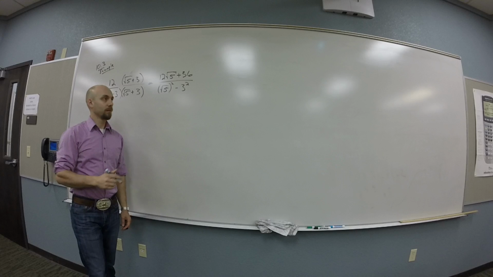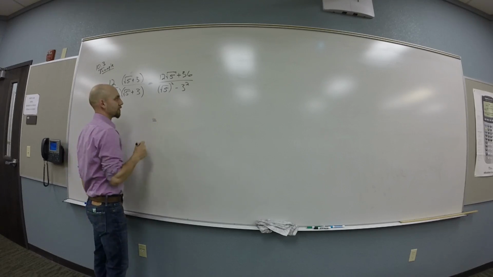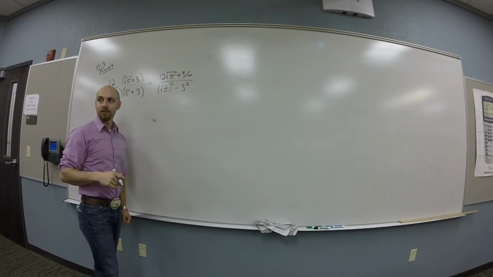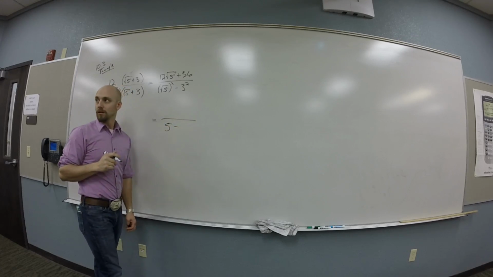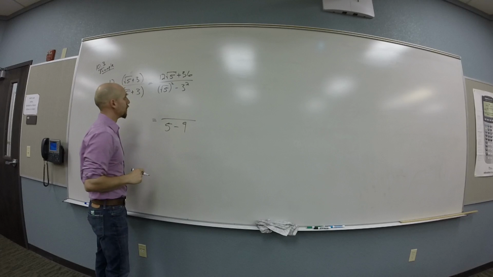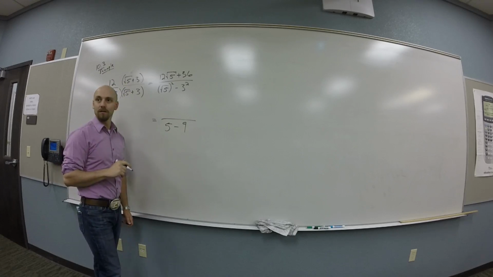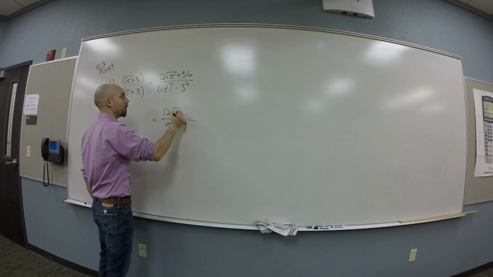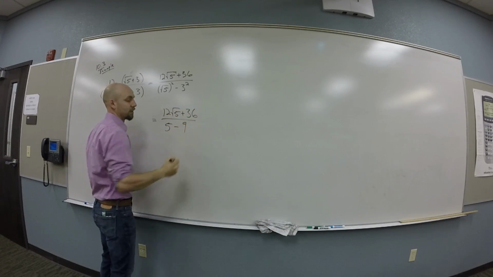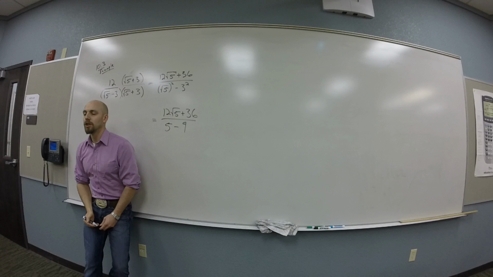And the square cancels out the square root. So the square root of 5 squared is 5. So I got 5 minus 9. And on the top, what have I got? Yeah, whatever you got. 12 root 5 plus 36. So then what can you do?